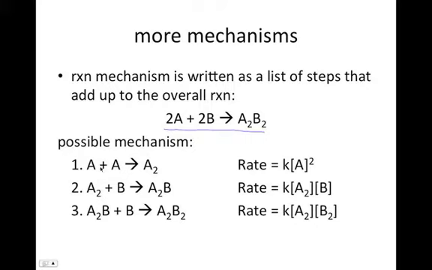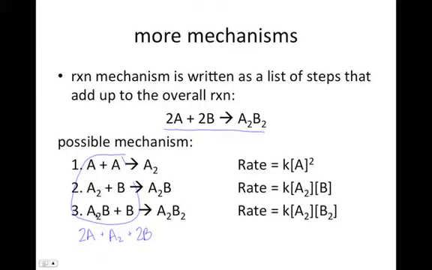If you take all three of these reactions and add them up, let's start here with the reactants. I've got 2 A's. Then I've got 1 A2. I've got 2 B's.